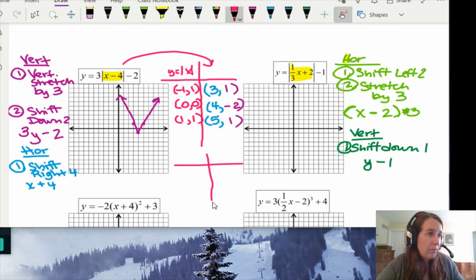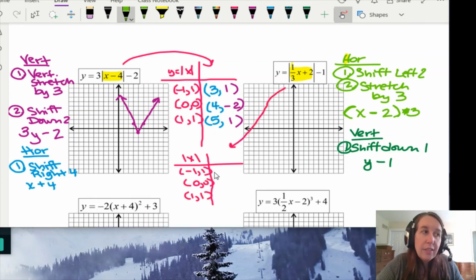Oh, first I have to write my original. Again, it's absolute value of x. And then I'm going to use this function for the change. So my original points, same as above. Okay. And then my new points, let's use the new light green. So for the x's, I'm going to subtract 2. So -1 minus 2 is -3. Multiply by 3, that makes it -9.